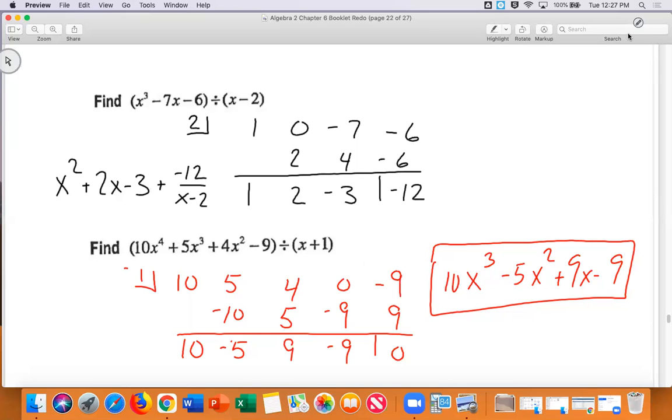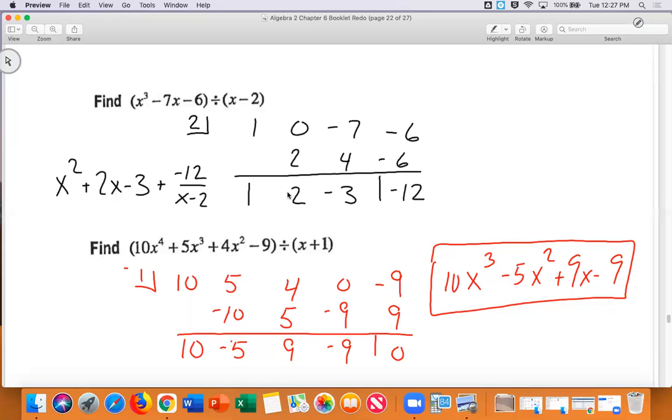What's 8 minus 14? Close. -6, right? 8 minus 14 is -6. What's -6 minus 6? Right? So, yeah, there you go. Any questions? No questions? All right.